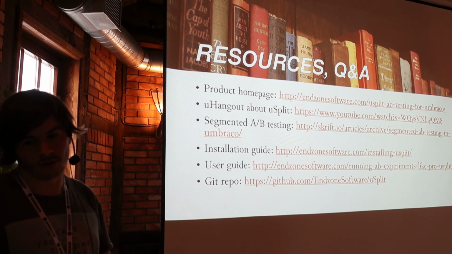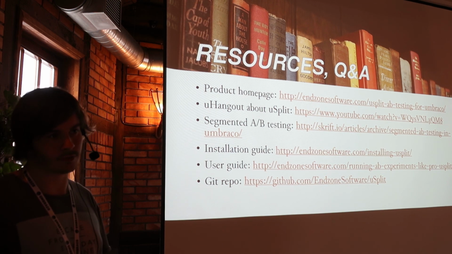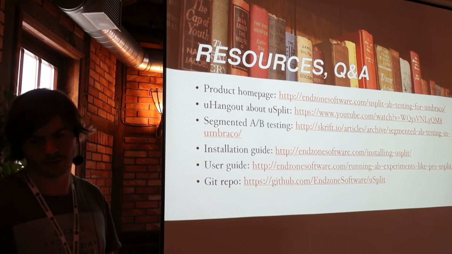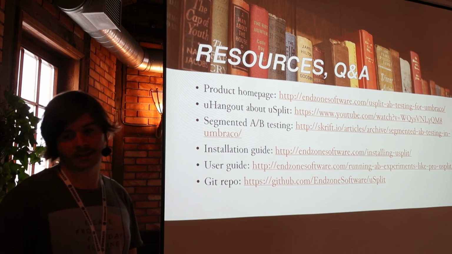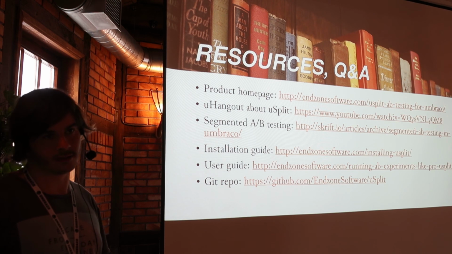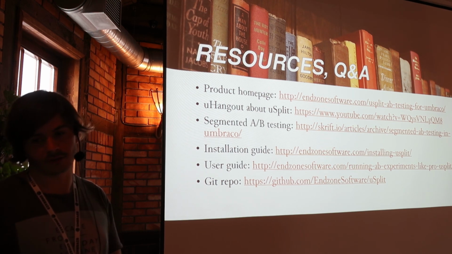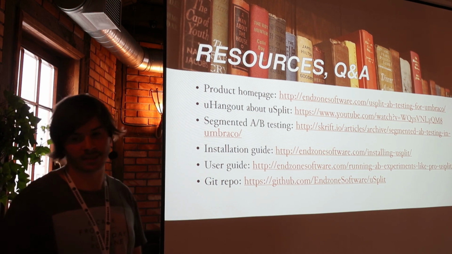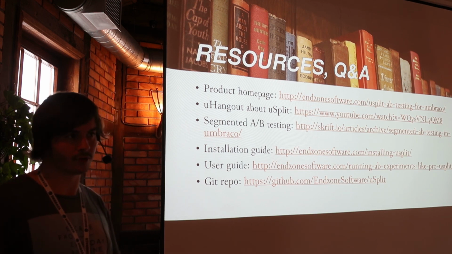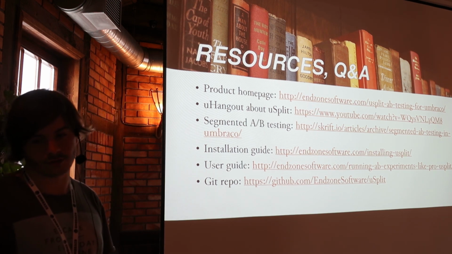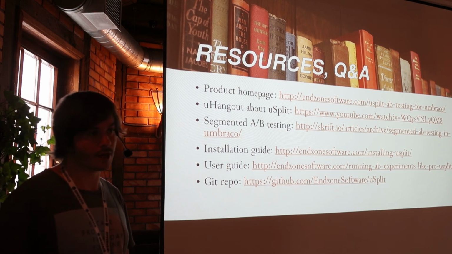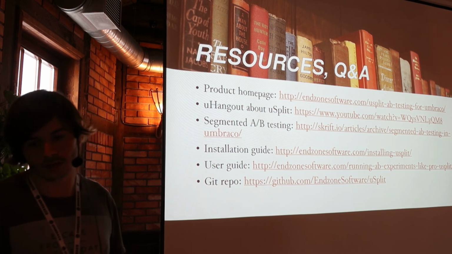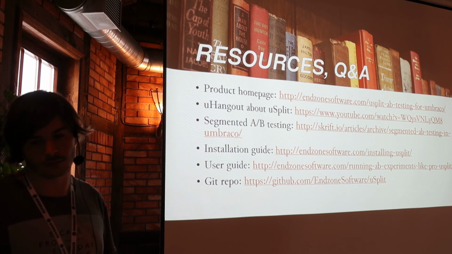I've also been on uHangout last year, where I talked about uSplit as well, pretty much similar to what I've done here. There's a really detailed article published on Script.io about doing segmented A/B testing and why you should consider doing that, so I suggest you read that as well. And the installation guide, as I said, I showed that, and it's also linked in the README notes. You can access the user guide from there as well.